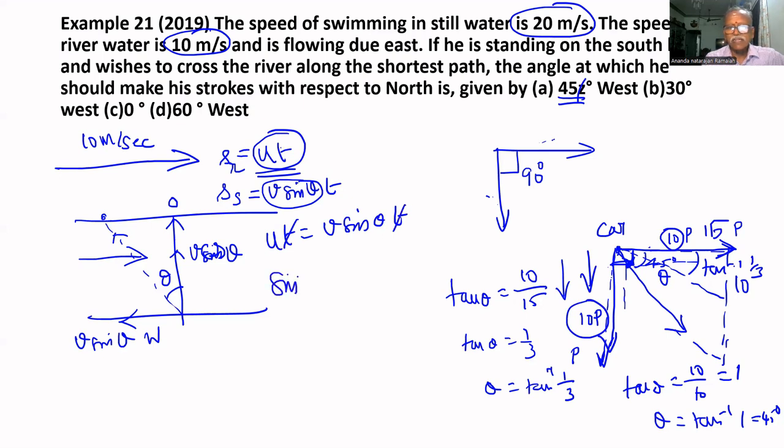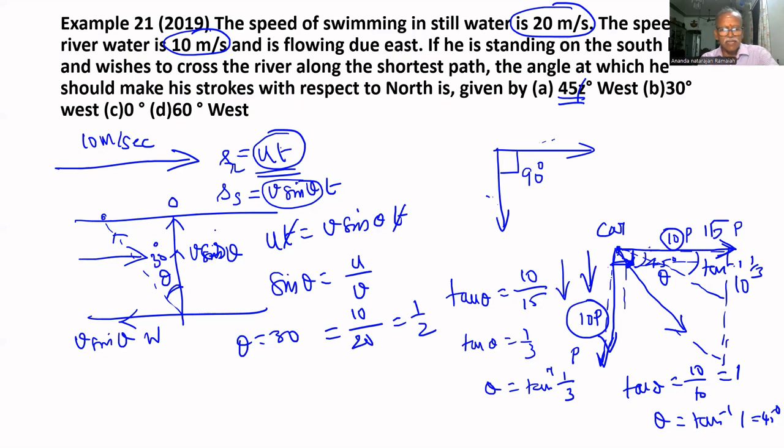Therefore, sin theta equal to u divided by v. U is the river velocity, that is 10, divided by v, the person's velocity, that is 20, which is equal to 1 by 2. Sin theta equal to 1 by 2 means theta equal to 30 degrees. That's why he has to swim at 30 degrees to this. This angle must be 30 degrees.